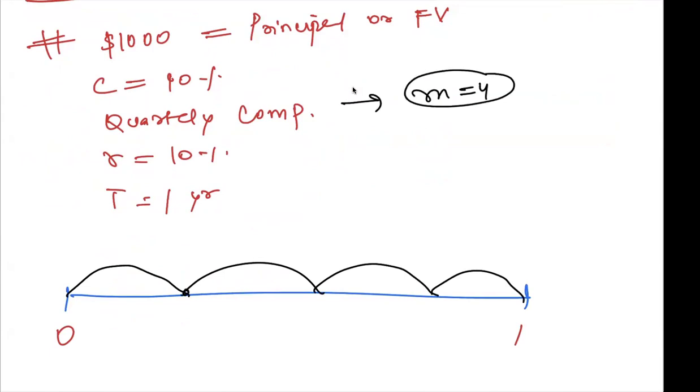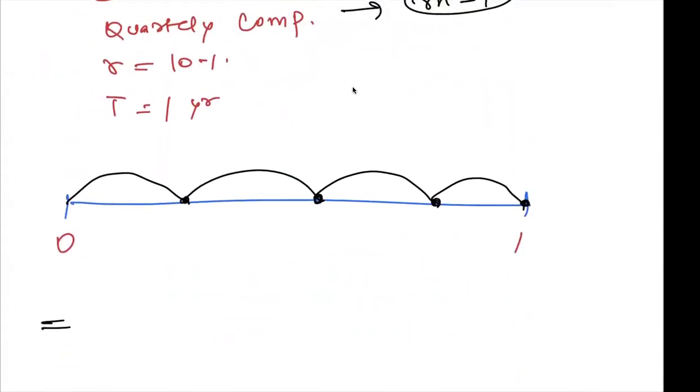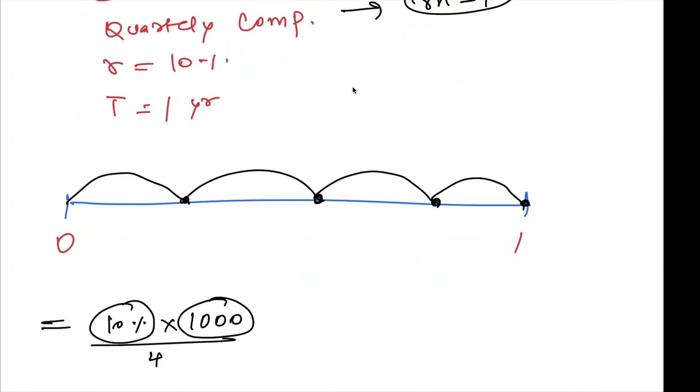Now we know that every time compounding happens, we'll receive money, right? So the coupon is 10%, and we'll just divide this. How will we arrive at 25? 10% times 1000 divided by 4, because this is your coupon multiplied with the principal money you have given to, let's say, the government.